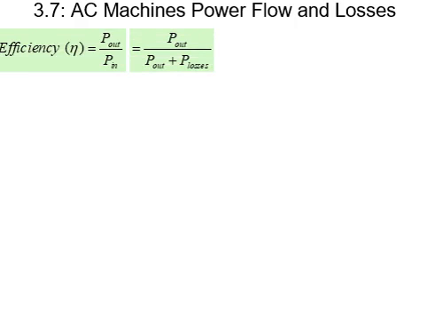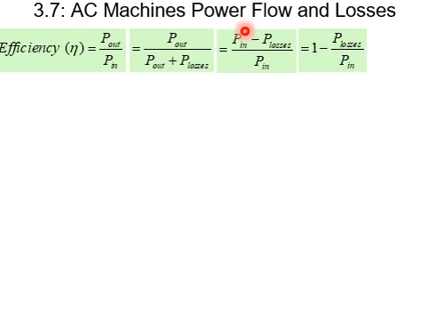As we know, efficiency, represented by eta in this case, is equal to output power over input power, and the equation can be written in the form of output power and power losses, or input power and power losses.